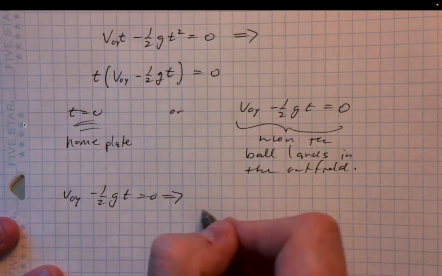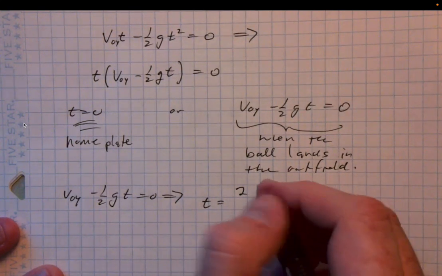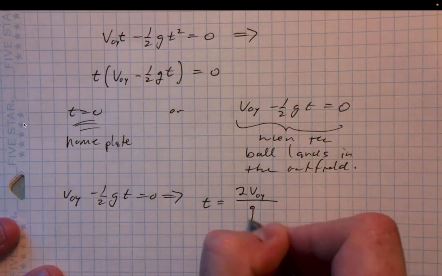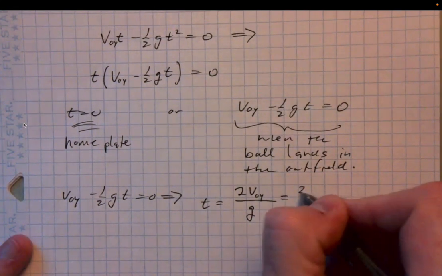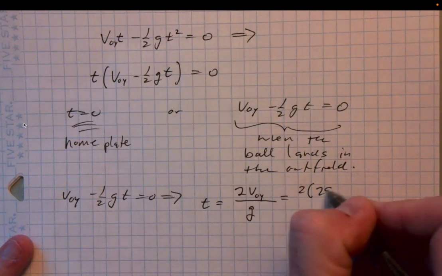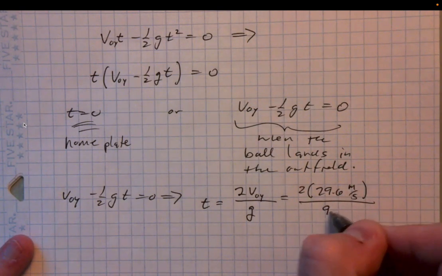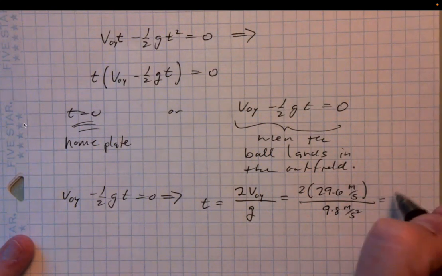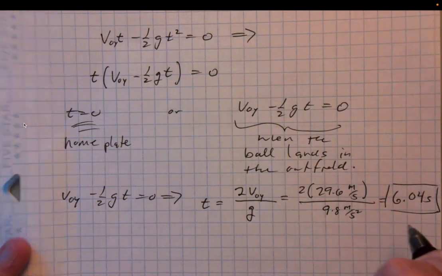If we do all of that, we'll see that t is equal to twice v naught y divided by g. You can do that algebra on your own and see that. But if we plug in all of our quantities, 2 times 29.6 meters per second divided by 9.8 meters per second squared, then you'll see that this is like 6.04 seconds.